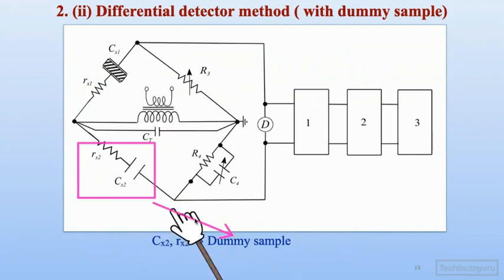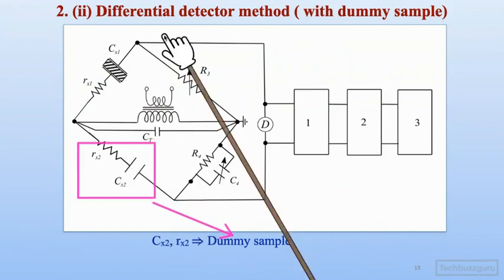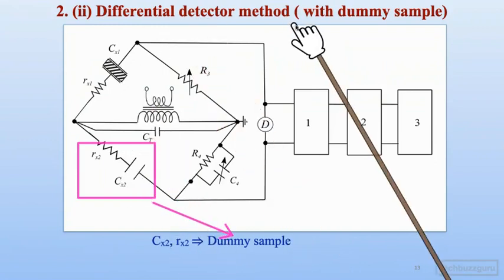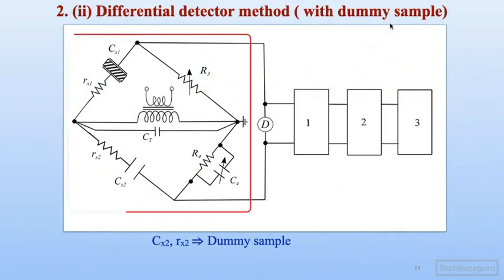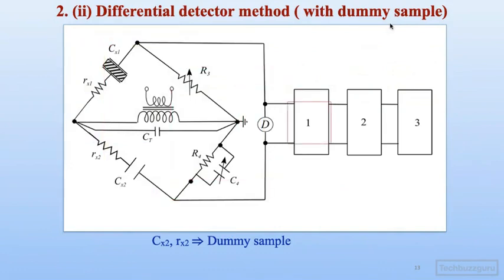It ensures that the disturbances that are not handled with the help of a simple balanced detector are taken care of by the differential detector method using a dummy sample. So, the shearing bridge with a dummy sample, then again here filter, amplifier, and CRO.